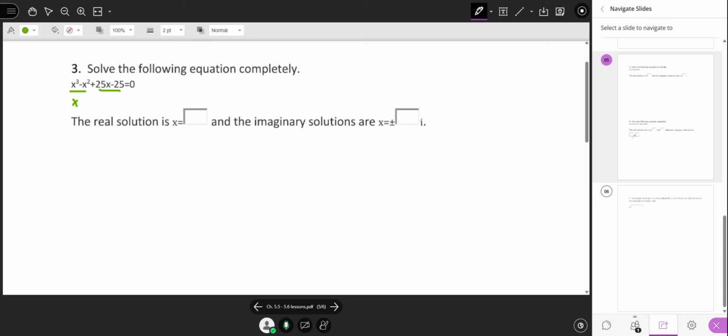GCF of the first set is x squared. Bring that plus sign down. GCF of the second set is 25. Okay? So we set x squared plus 25 equal to 0.